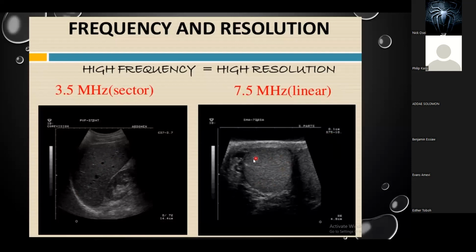So you can see that this one is showing us a better resolution compared to this. All right, and that is because this one has a higher frequency. Okay, so higher frequency equals higher resolution.